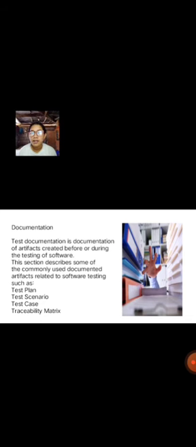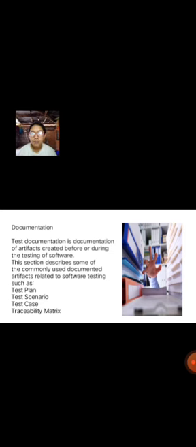Tinutulungan nito yung testing teams to estimate testing efforts needed, the test coverage, resource tracking, execution progress, and etc. It is a complete suite of documents that allows you to describe and document test planning, test design, test execution, and test results that are drawn from the testing activity. This section describes some of the commonly used documented artifacts related to software testing.